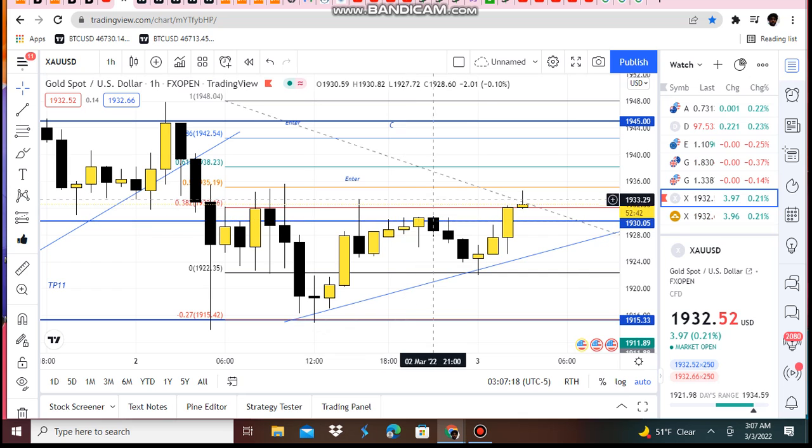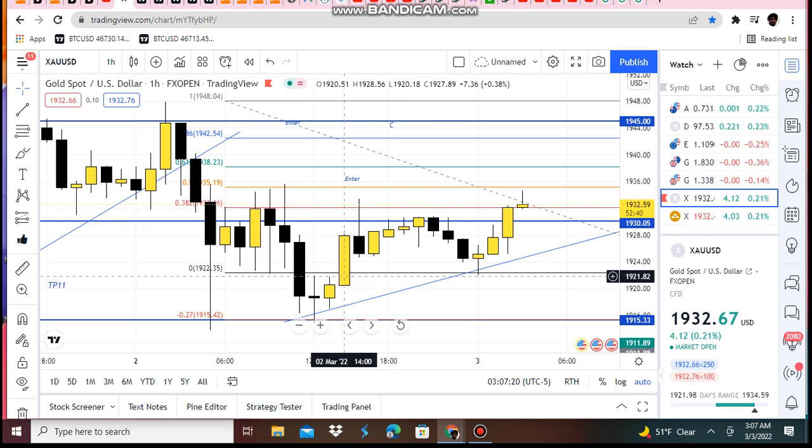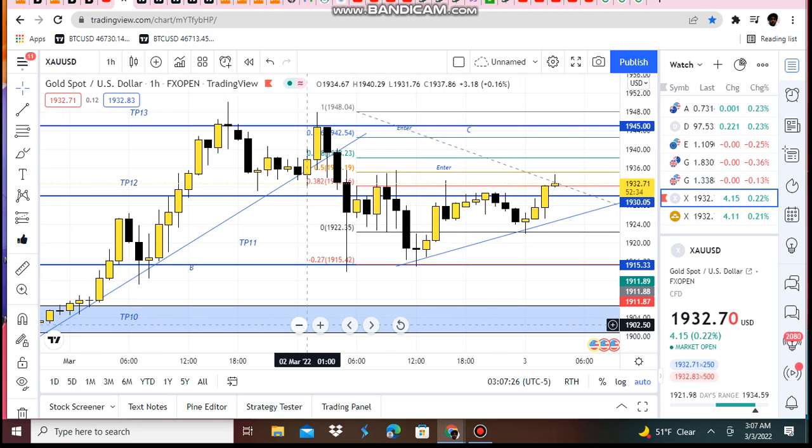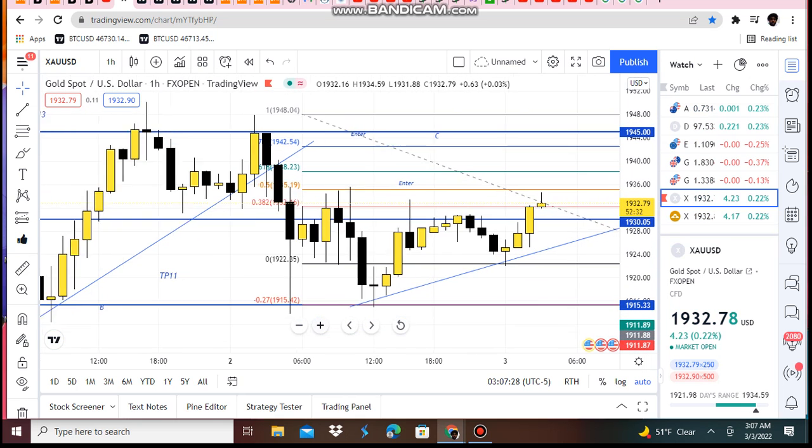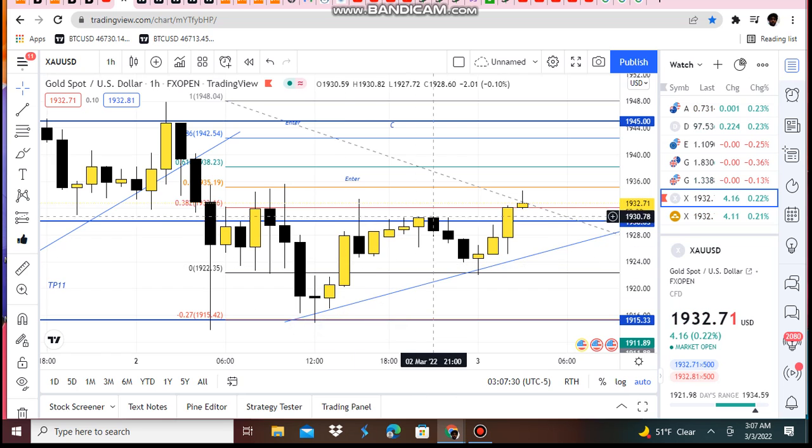But we're still in an uptrend, and price heads back up to take profit 12. This is the take profit 12 area. And then at our psychological level 1930, it starts to reject one time, two, three, four, five times. This lets us know that price does not want to break above take profit 12.